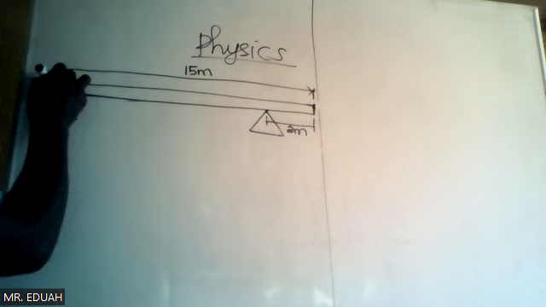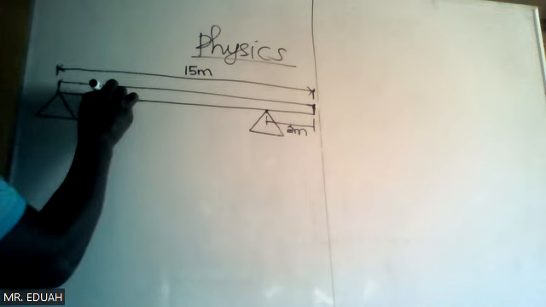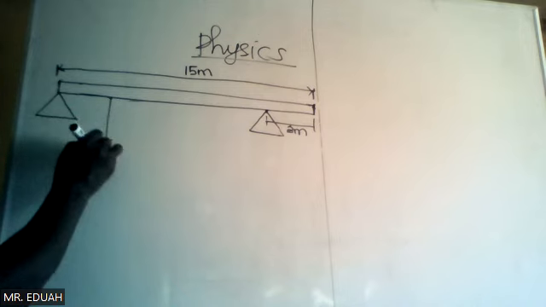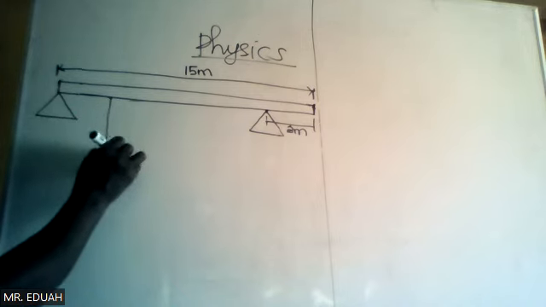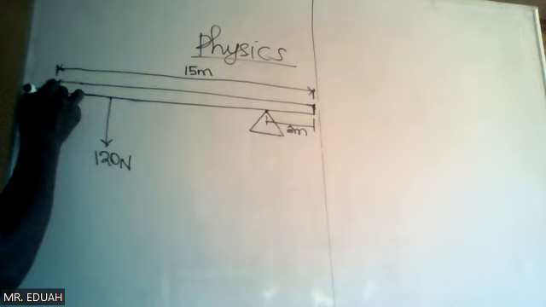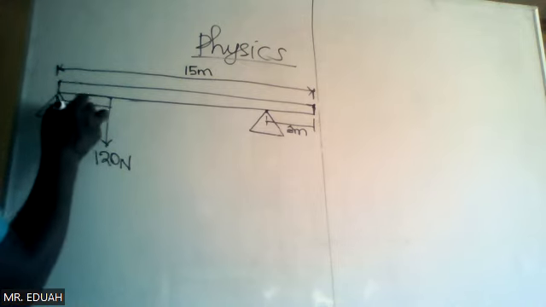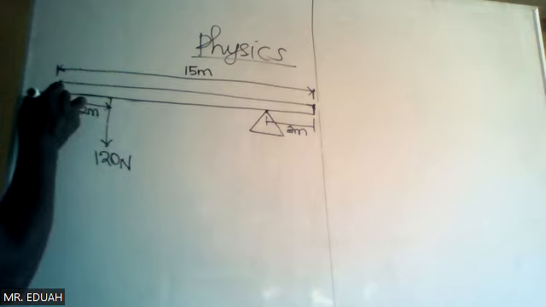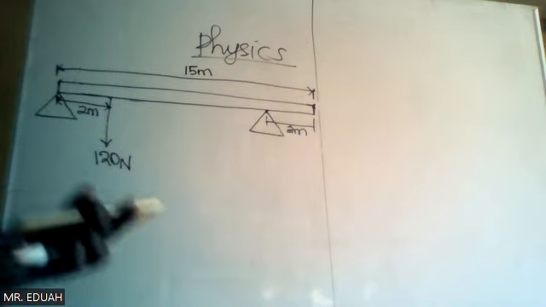So from the left, which is this end, we have a 120 Newton load, 2 meters from the left. Here you have to take your time and listen to the dimensions.